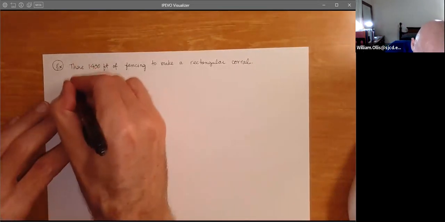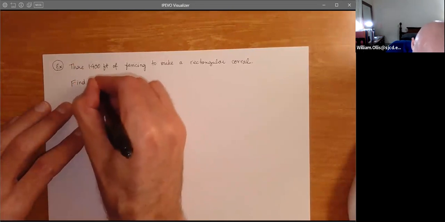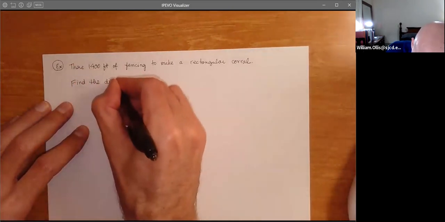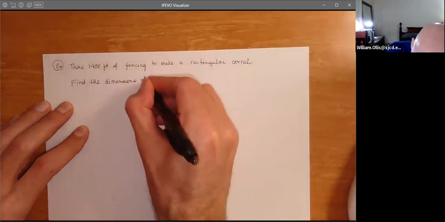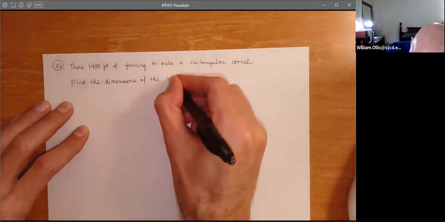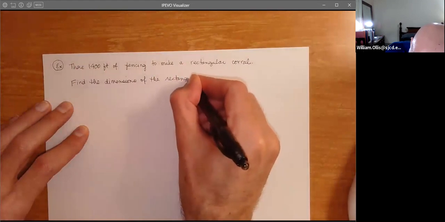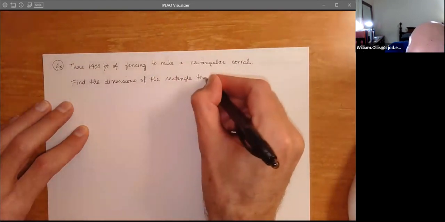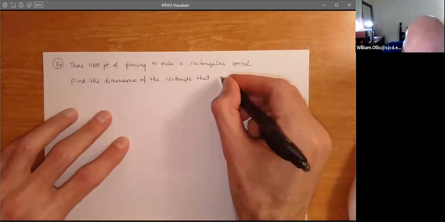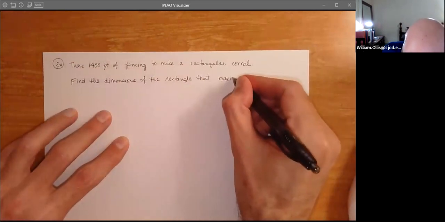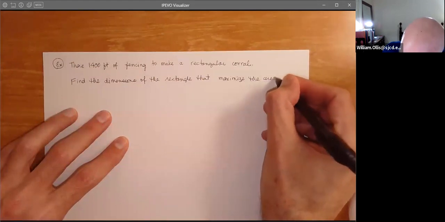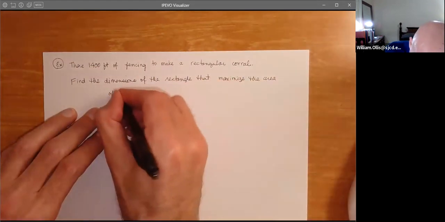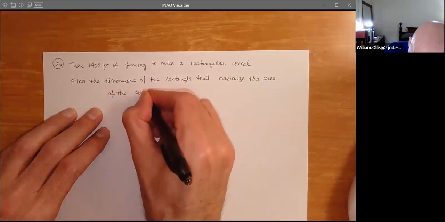So find the dimensions of the rectangle that maximize the area of the corral.